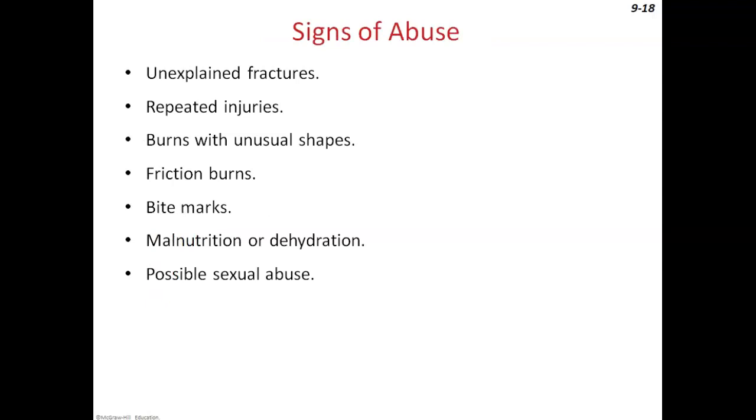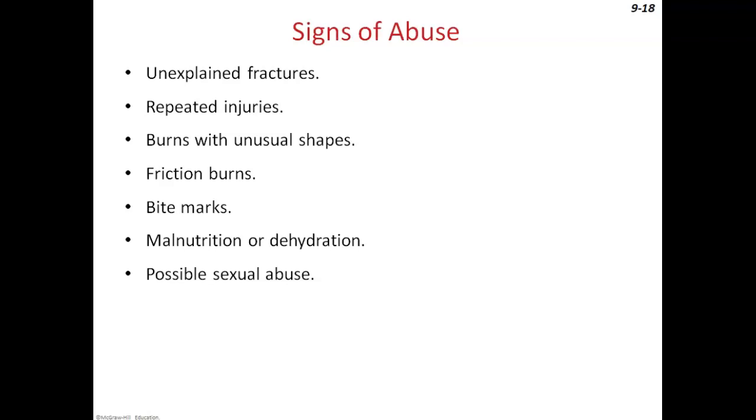Some different signs of abuse that medical personnel need to be aware of and look for are unexplained fractures, repeated injuries, especially ones that have unusual shapes or are in unusual places. Sometimes they're shaped like certain objects, belt buckles, etc. Burns with unusual shapes could be done by cigarettes or an iron, something like that.